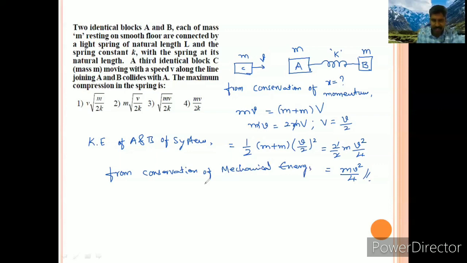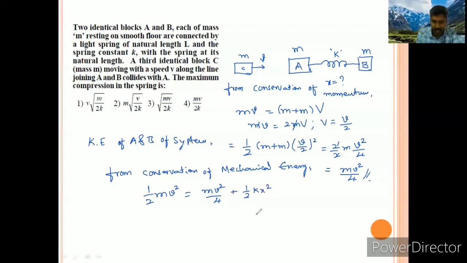So how can we write the kinetic energy before? The kinetic energy of this body is half m, its velocity small v square. After this, the velocity we derived is how much? mv square by 4. Next, the spring energy, half kx square, we can write.